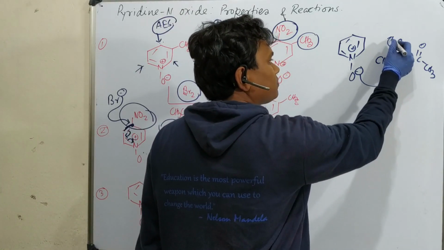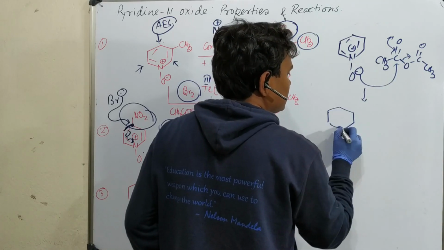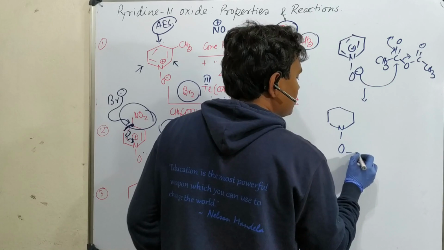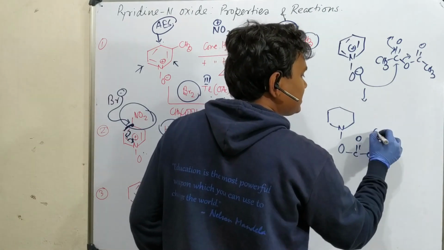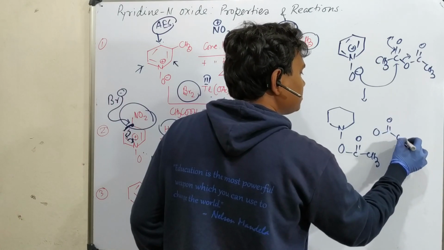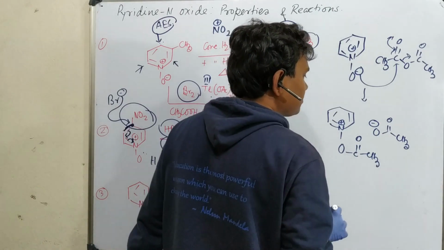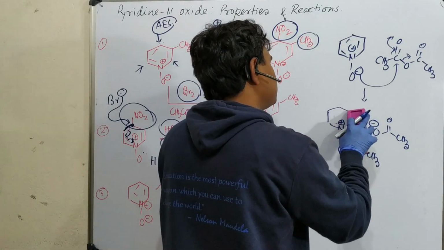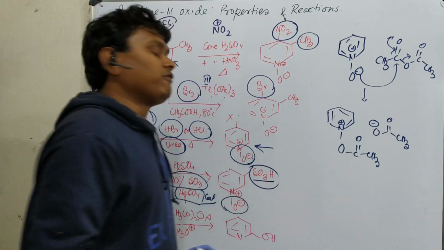Okay. So it will push and will leave. So what is the consequence? O, CO, CH3. And here acetate acts as a leaving group. This plus. Fine. Better to draw it in this way. Another way. Fine.